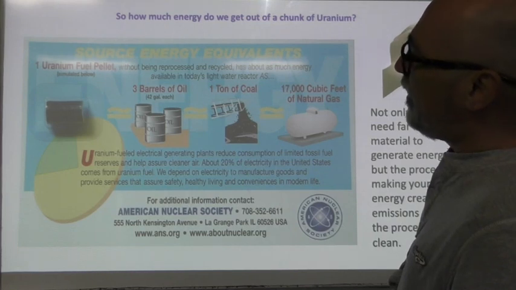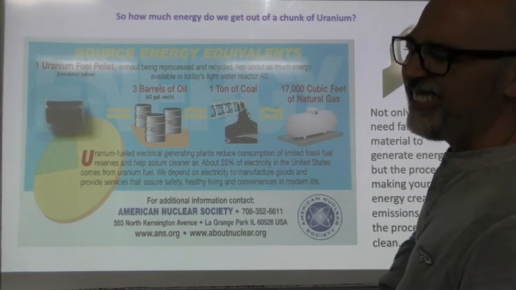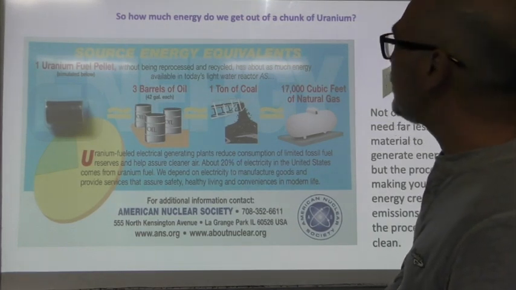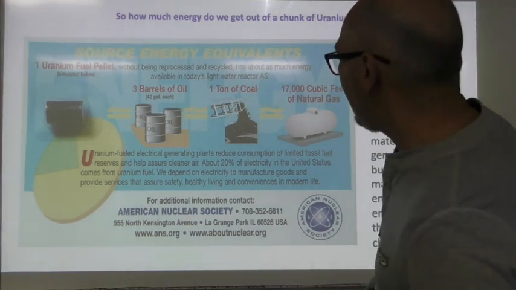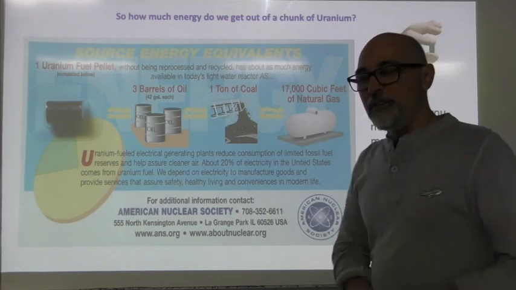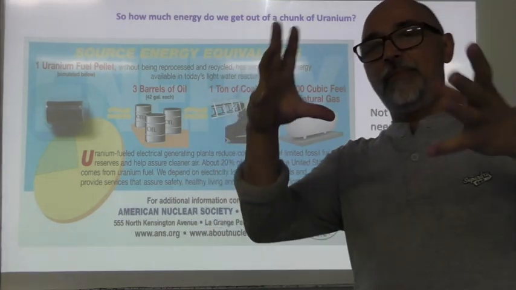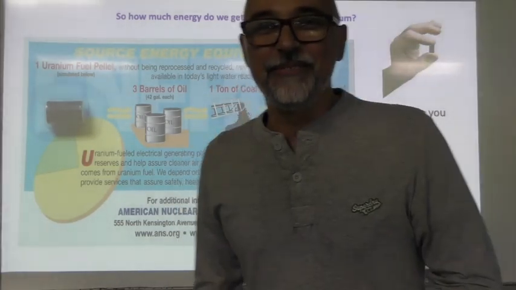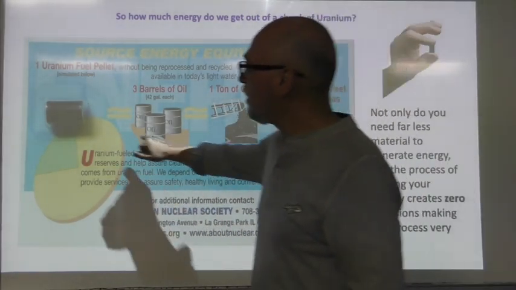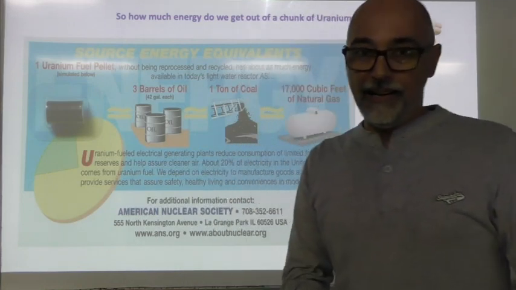And because this is an American graphic, and I know they still hang on to using feet and inches, all that nonsense, it's also worth 17,000 cubic feet of natural gas. If you don't know what a foot is, basically about that big. So 17,000 cubic feet of natural gas is what one of these little pellets is actually worth.